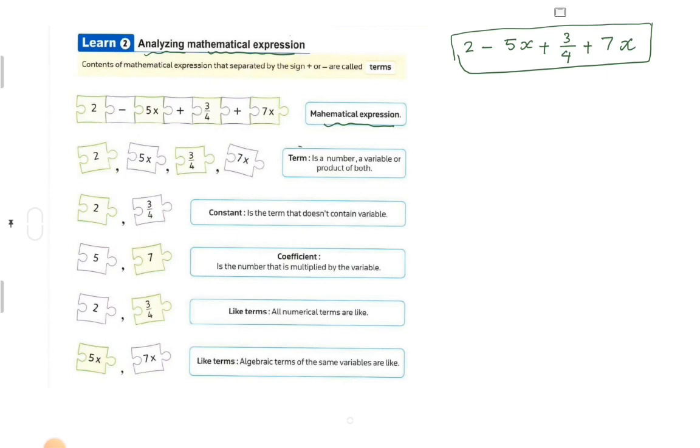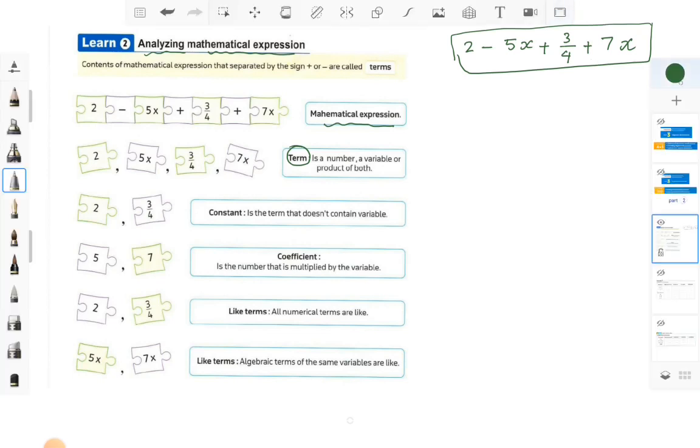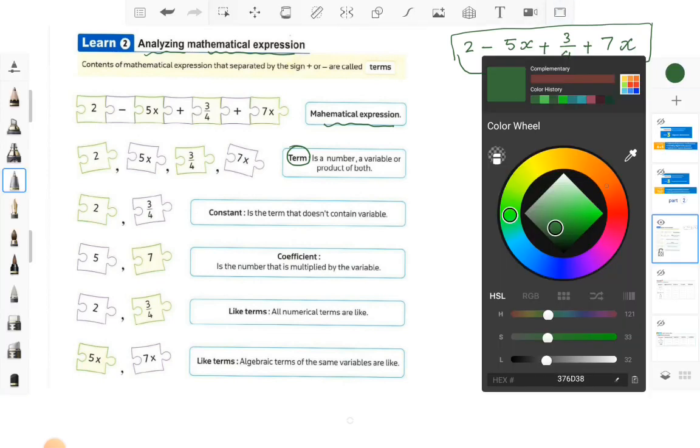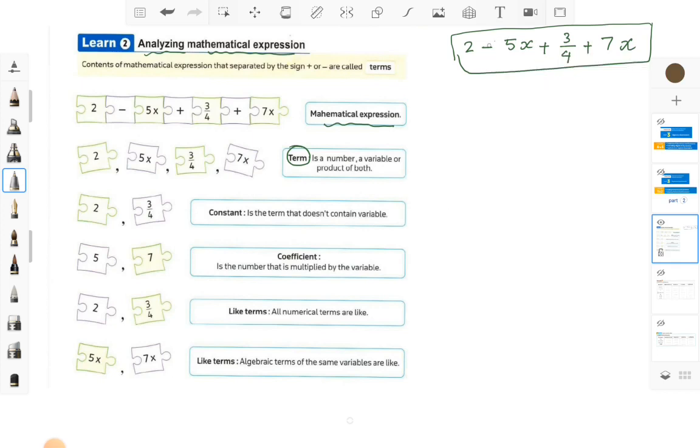We will know about term. What is a term? To find out the terms of the mathematical expression, we will mark all plus or minus signs. So we have here minus, plus, and plus.